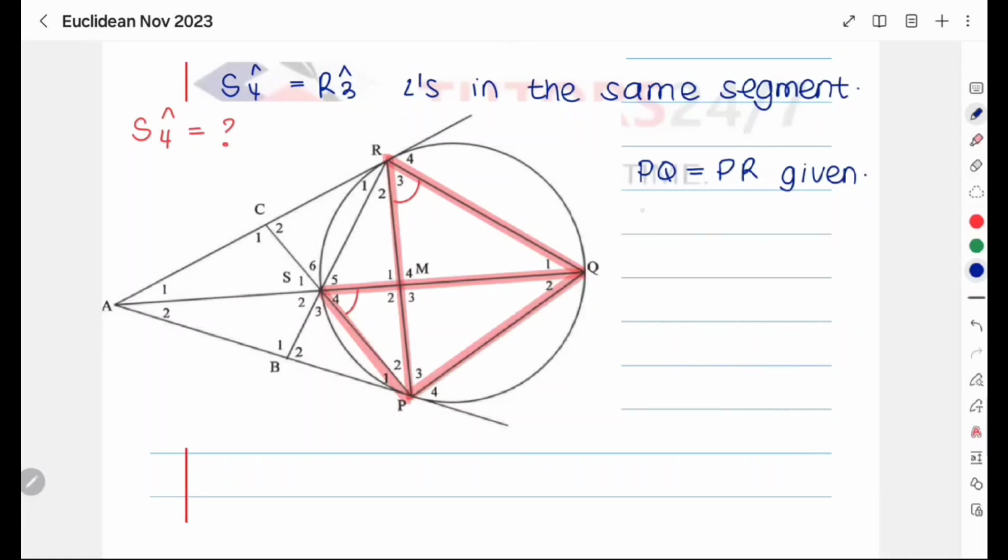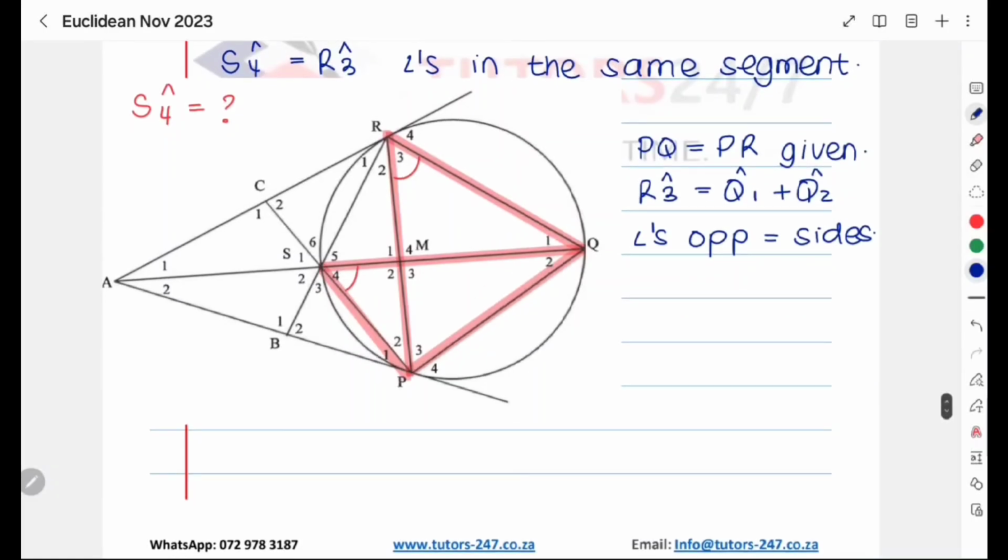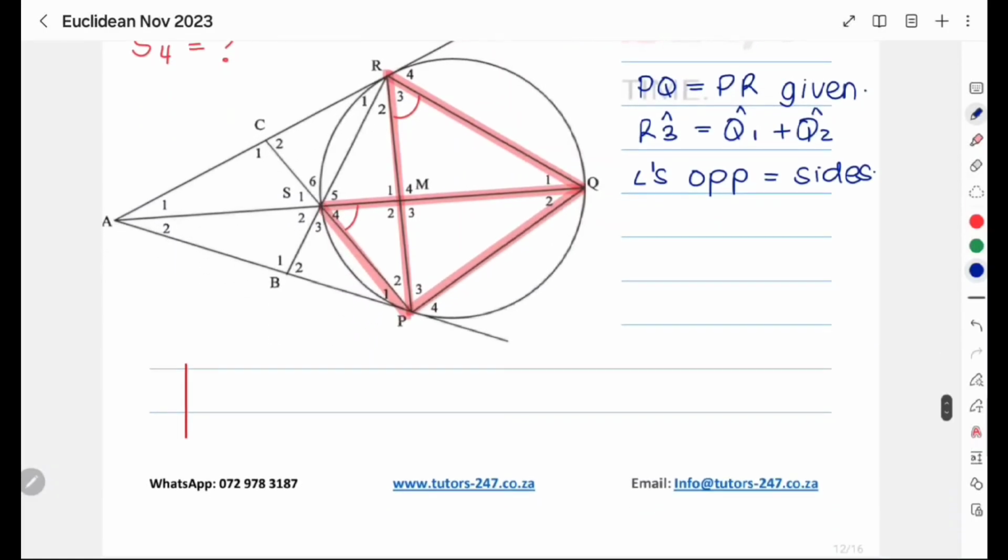So because of this, we now know that the angle R3 is equal to the angle Q1 and Q2. The reason is angles opposite equal sides.